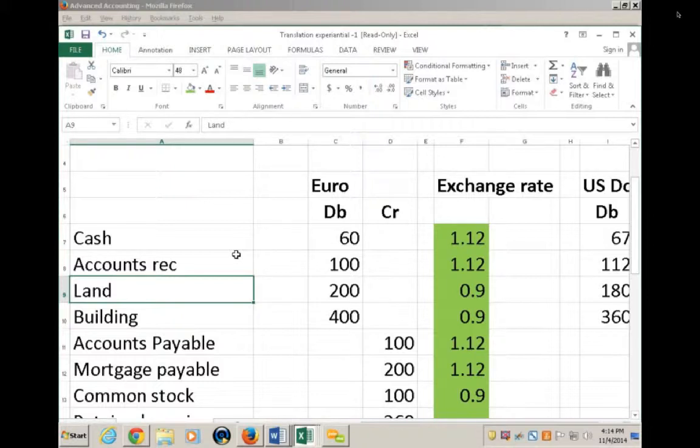So we're using temporal here. And this is what we're doing here in a way, we're translating all of this. And since we're using the temporal method, for short-term assets, what kind of rate do we use?